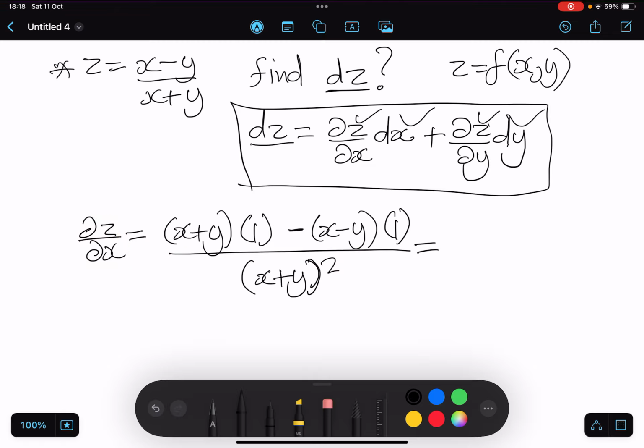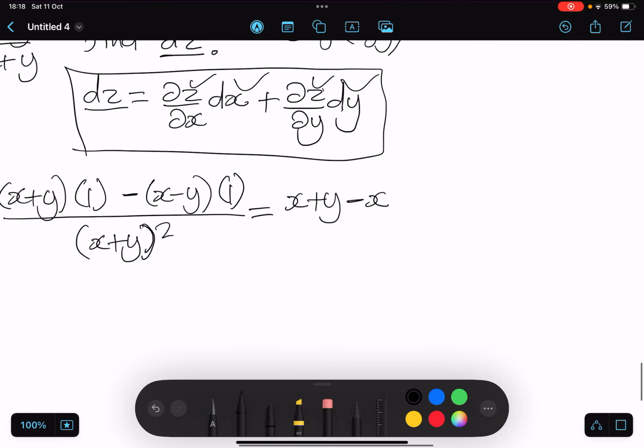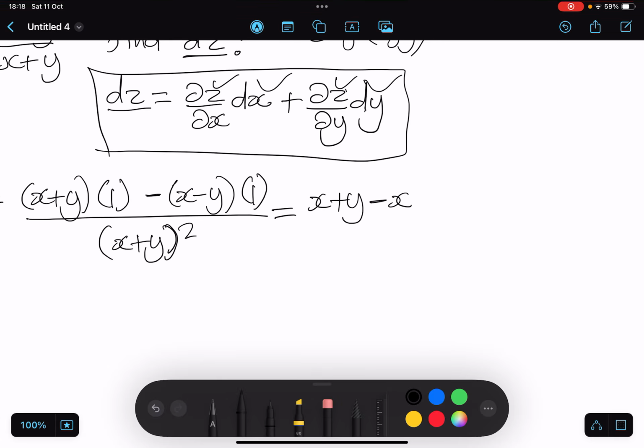When you simplify, you are going to have x plus y minus x, then minus times minus is plus, so plus y, all over (x + y) squared. So this is our first derivative.